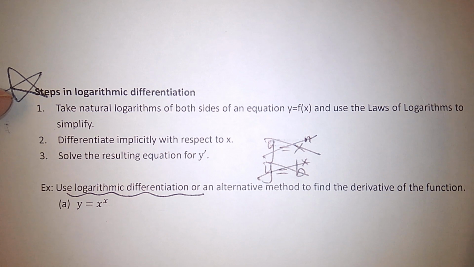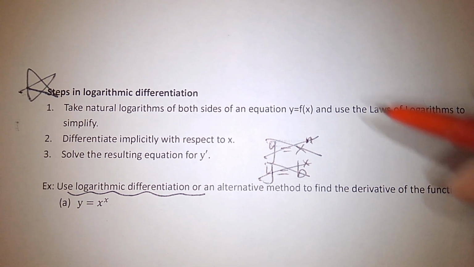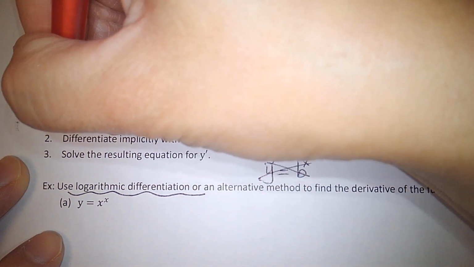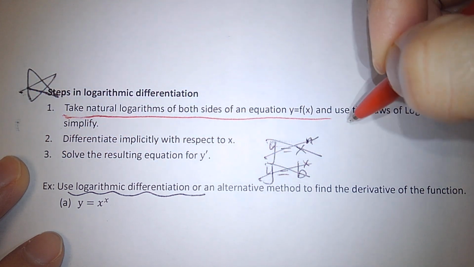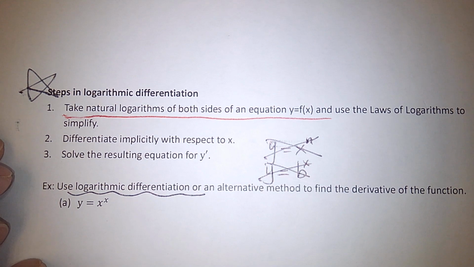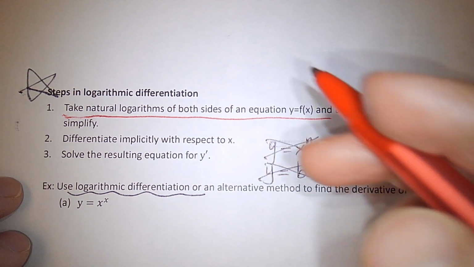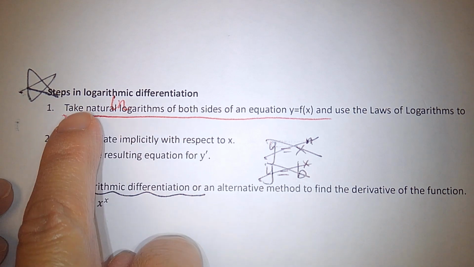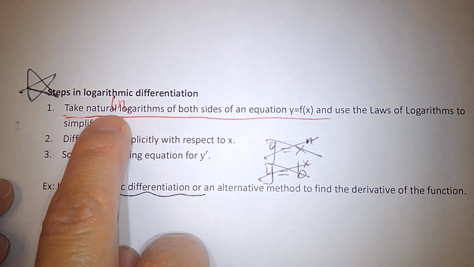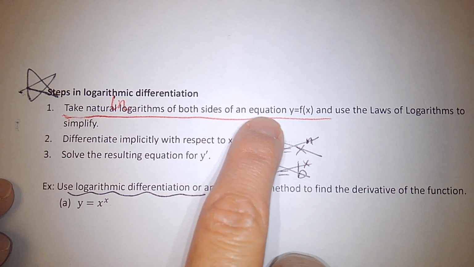Okay, very good. So step 1, take natural log of both sides of the equation. What's natural log? Do you remember? We just reviewed. Natural log is ln, right? Take the ln function from both sides of the equation.